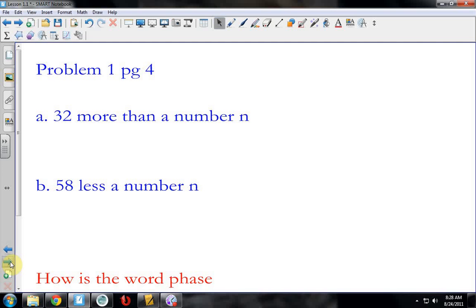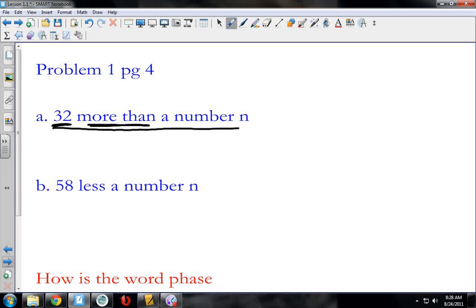So this one says 32 more than a number n. So let's see what this means. First off, I'm going to underline the math parts of it, okay? Obviously 32, because that's a number, right? What else? Well, yeah, the plus part, which is more than. We said that was a plus operation.